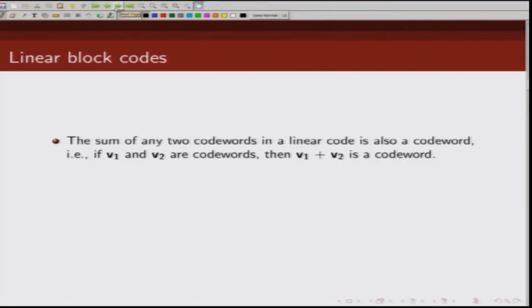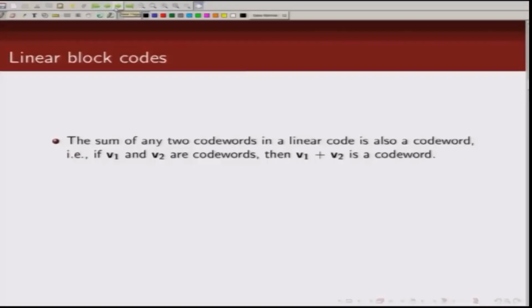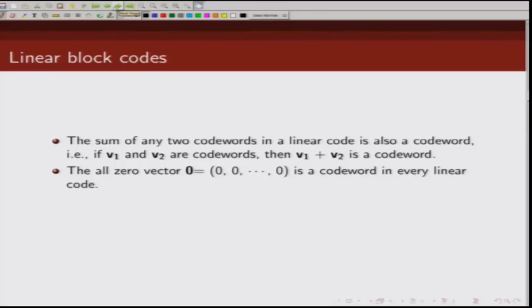So, what are the properties of a linear block code? The sum of any two code words in a linear code is also a valid code word. So, if v1 and v2 are valid code words, then v1 plus v2 will also be a valid code word. Also, an all 0 code word is a valid code word in any linear block code.